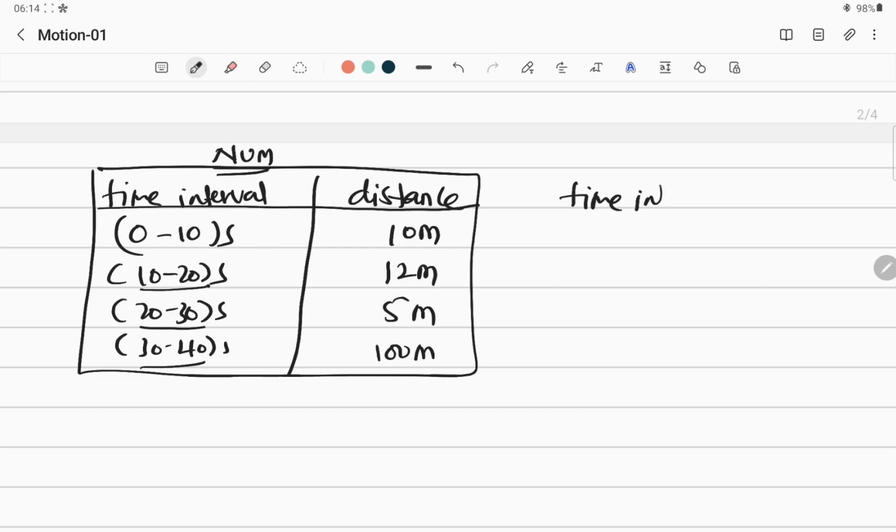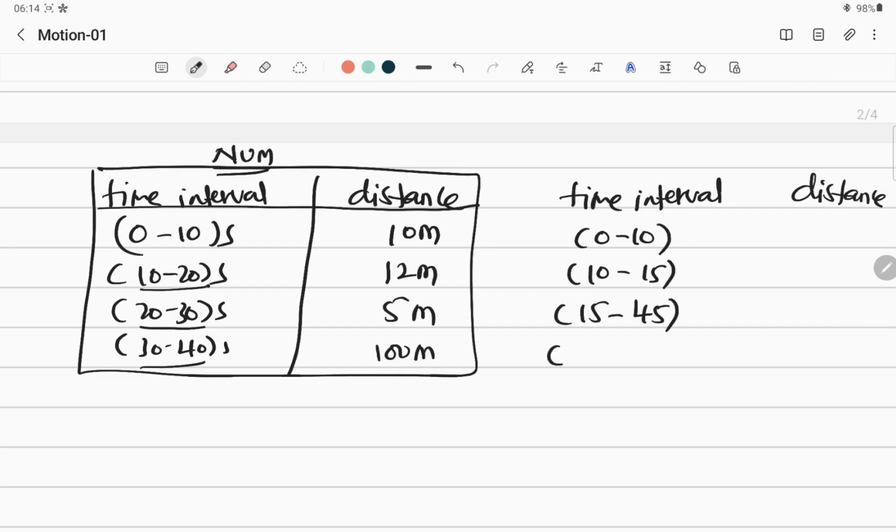Here is the time interval, and let me take the distance also. So here the time intervals are 0 to 10, then 10 to 15, then 15 to 45, then 45 to 60. And the distance we have calculated is 10 meter, 10 meter, 10 meter and 10 meter. Now look at this distribution.